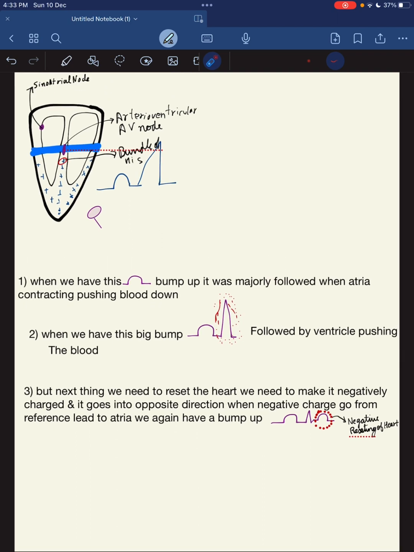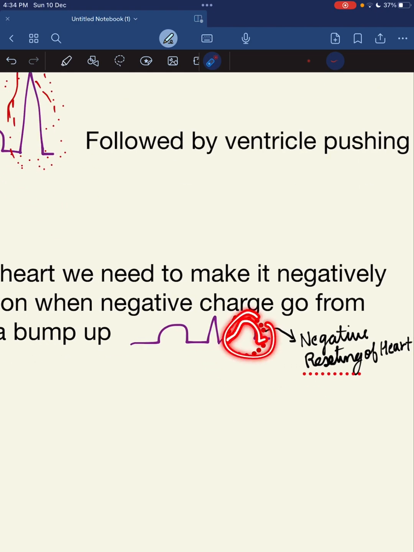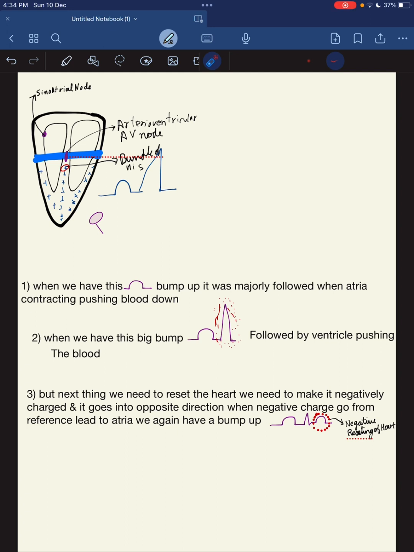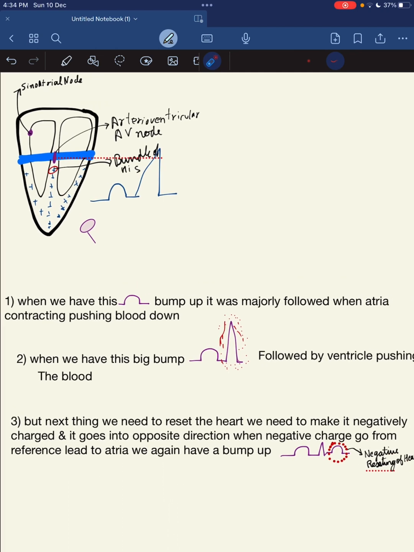But next, we need to reset the heart. When the whole heart is depolarized, we need to make it negatively charged again, but in the opposite direction. When negative charge goes from the reference lead to the atria, then again we have an up bump. So it is known as negative resetting. What is negative resetting?